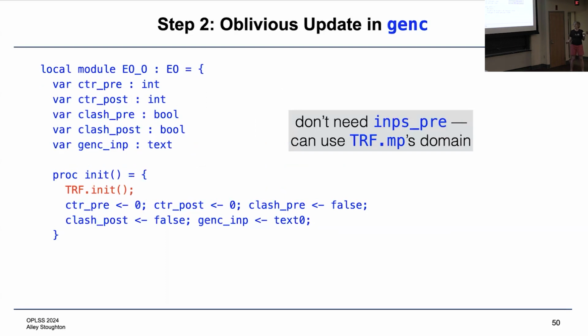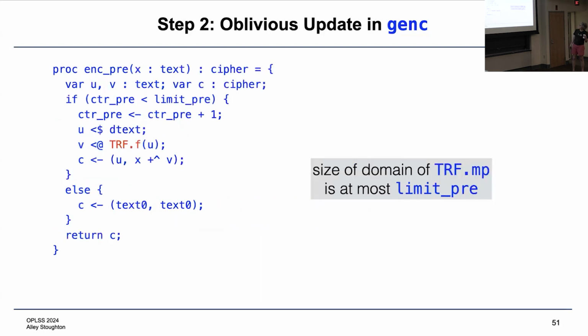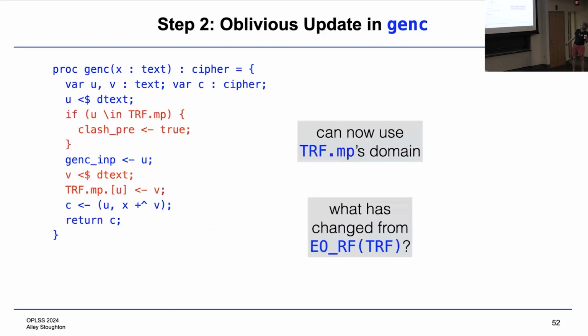So we can just think about that. That's what we're initializing. We can forget about random functions as a parameter. And right, so here we're just using TRF now. And the size of the domain is going to be bounded by limit pre.